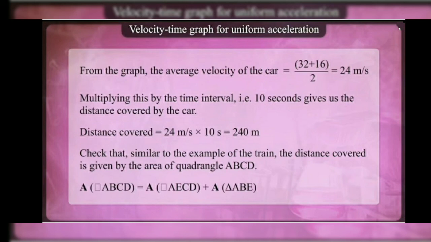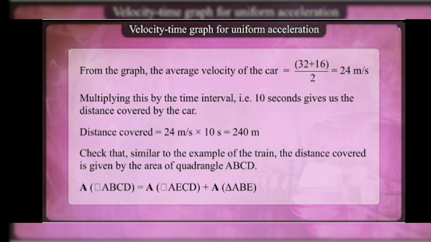Now check that. Similar to the example of the train, the distance covered is given by the area of quadrangle ABCD, which you can see in this graph. Which graph? The velocity time graph. So we can say that the area of quadrangle ABCD is equal to the area of quadrangle AECD plus the area of triangle ABE.